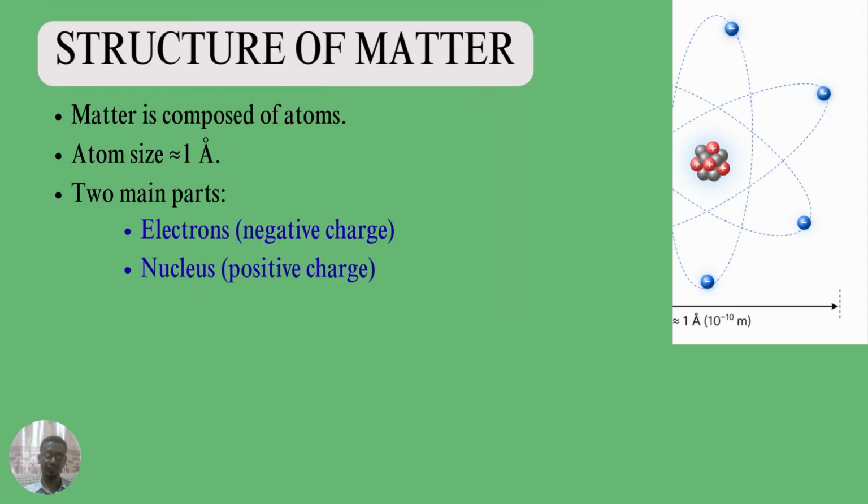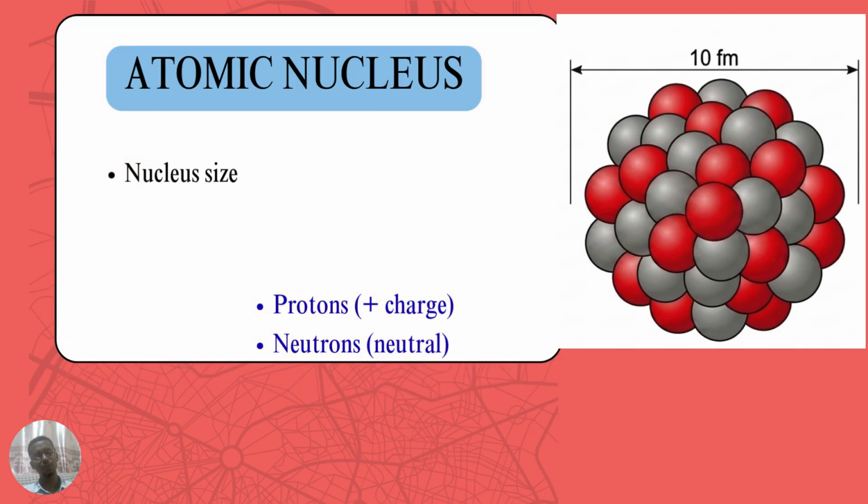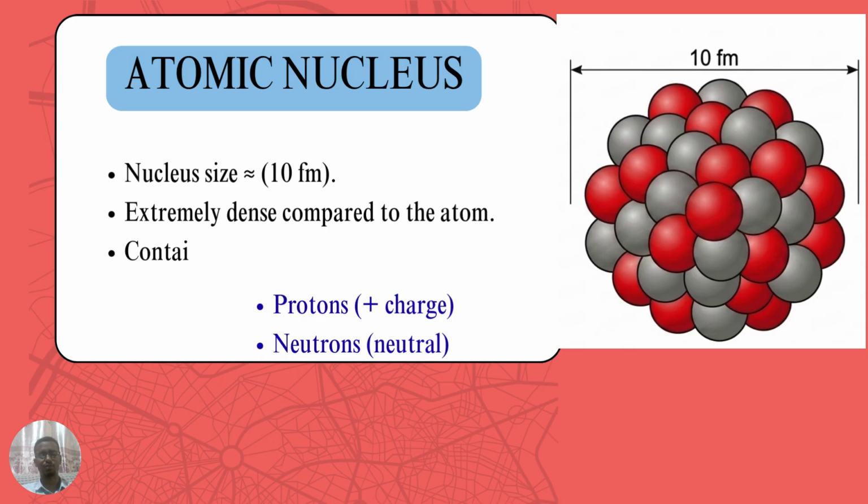so we can say a nucleus is positively charged. When we come to the atomic nucleus, as we said, the nucleus is the inner part of the atom, and it is very thin and small in size compared to the atom. It ranges from 1 to 10 femtometer, which is 1 times 10 raised to minus 15 meter to 1 times 10 raised to minus 14 meter.